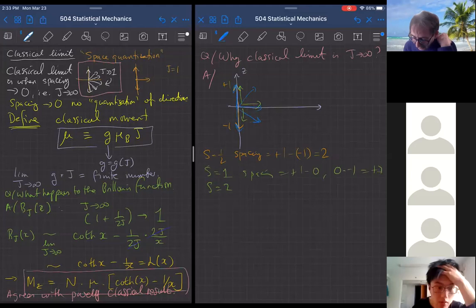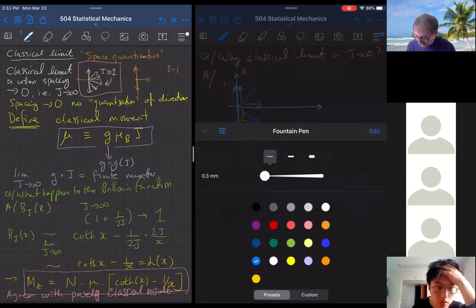Now if I look at the component of the spin vector on the z-axis, the projection is smaller as s gets larger and larger. And so it's that spacing in the z direction that is the important thing.